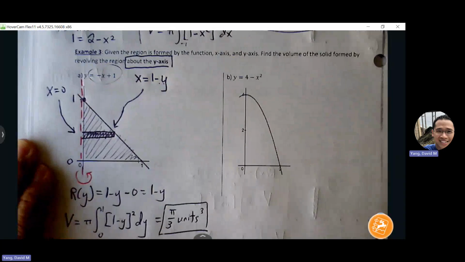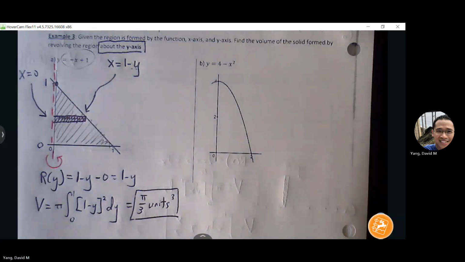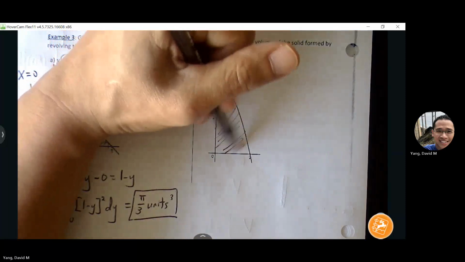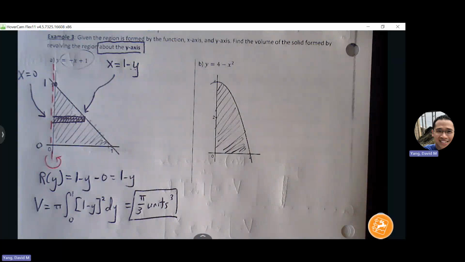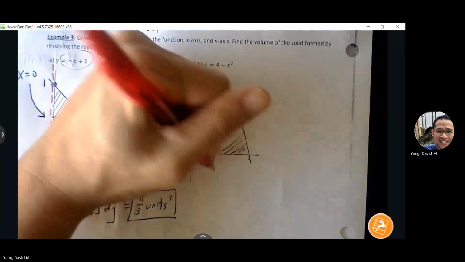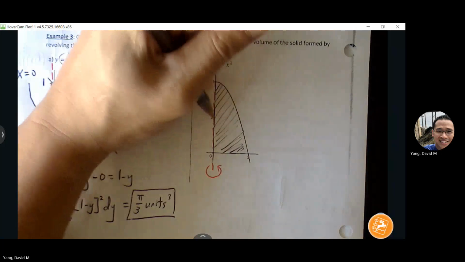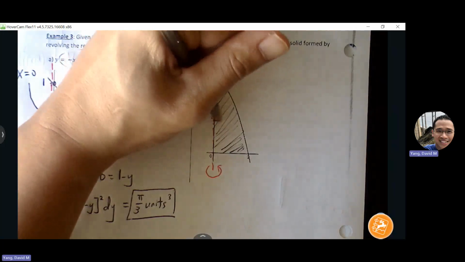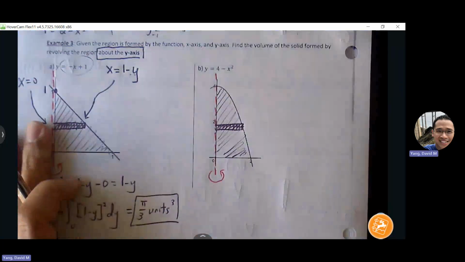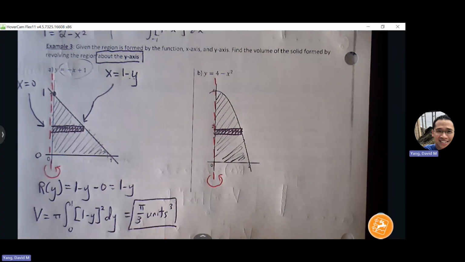Okay, let's try part B. We're rotating around, again, the y-axis. From your radius, you're going to extend to your boundary. A horizontal radius indicates that my equation needs to be adjusted. They're not going to be in that easy form that we have.